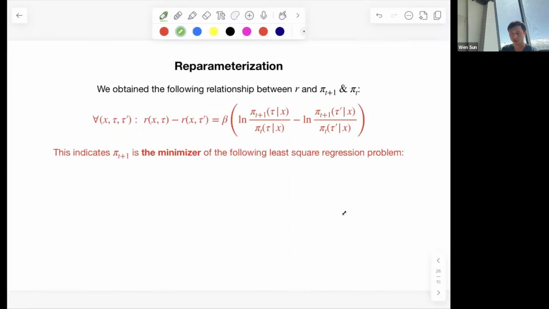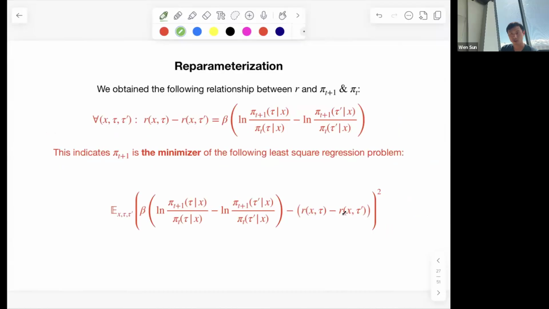So let's do the following. I'm going to design a least square regression problem such that pi t plus 1, this analytical form from mirror descent, is one of the minimizers of the least square regression problem. Okay? So the least square regression problem is actually pretty simple. I just want to train a regressor that can accurately predict the reward difference.